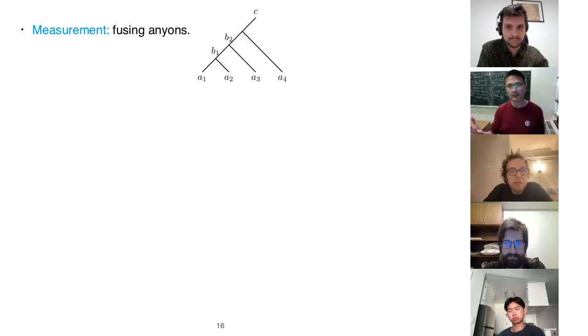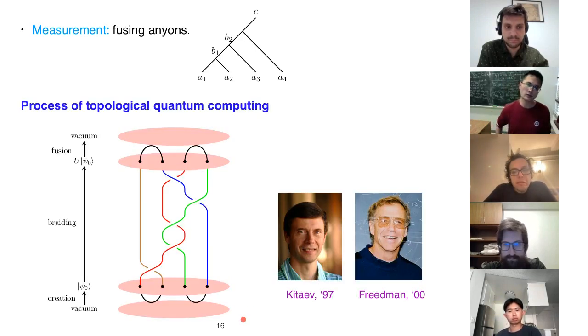And lastly, the measurement is obtained by fusing these anyons one by one back to the vacuum. That's essentially a readout of the final quantum state we obtain. So parallel to the process of quantum computing, in TQC, we start from the vacuum.